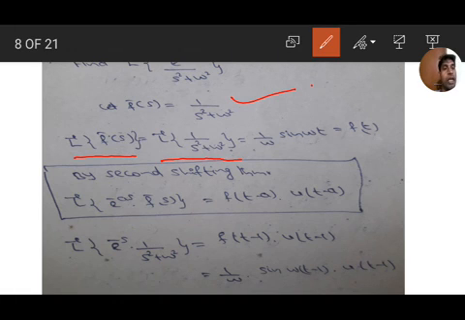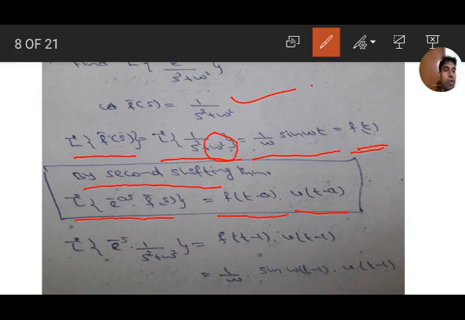We have the formula L inverse of 1 by s square plus a square is 1 by a sin at. Here instead of a we have omega, so 1 by s square plus omega square gives 1 by omega into sin omega t, that equals f of t. So by second shifting theorem, L inverse of e to the power of minus as into f bar s equal to f of t minus a into u of t minus a. Here a equal to what? 1.